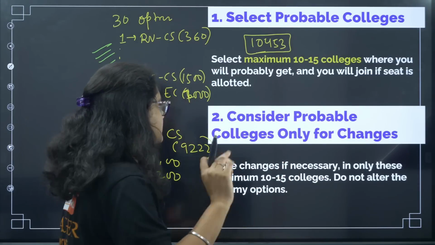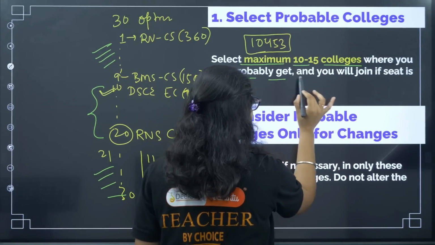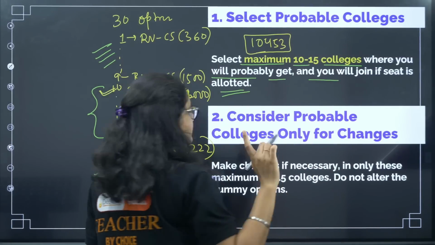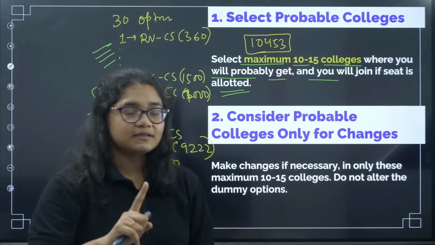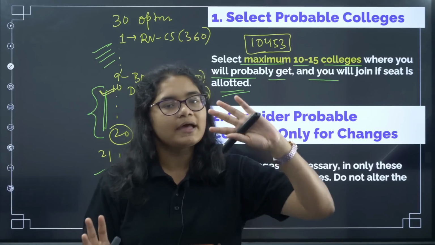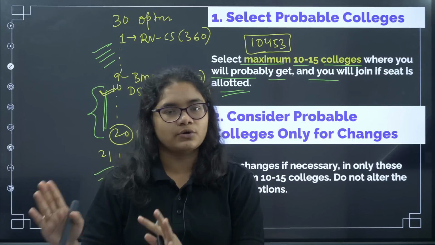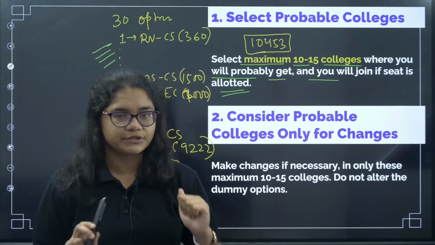So that is my first point. Select a maximum of 10 to 15 colleges where you will probably get and you will join if the seat is allotted. So all these 10 options which you are giving must be those options where you are very much interested in going to those colleges, and if you are allotted the seat you will join the college also, right?